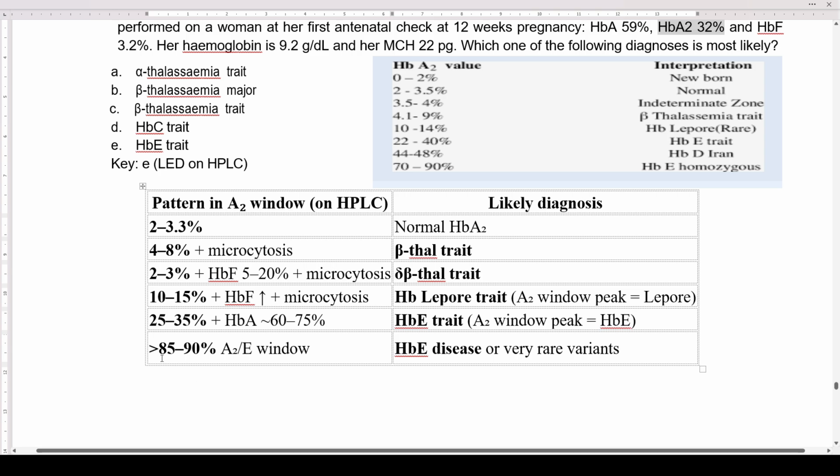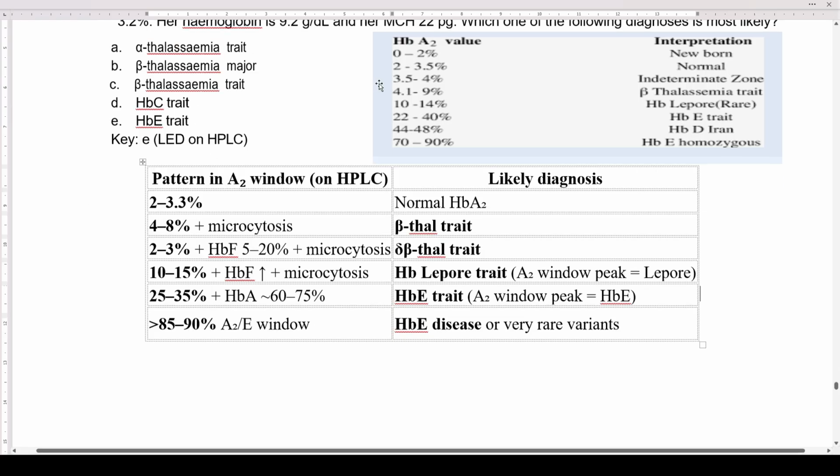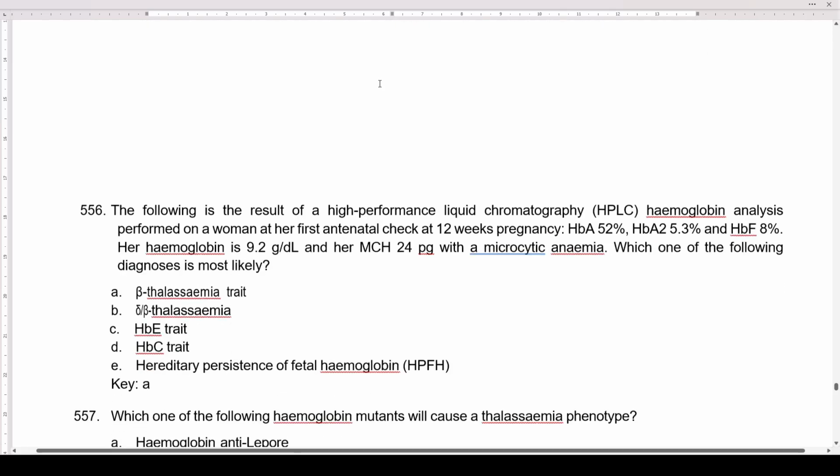And if the A2 value is more than 85 to 90%, it will be HbE disease or HbE homozygous. I hope I made the concept quite clear here. Just remember this for your exams, so I hope you will solve many of the scenarios.